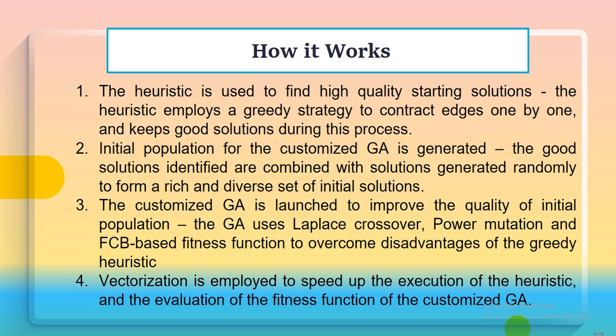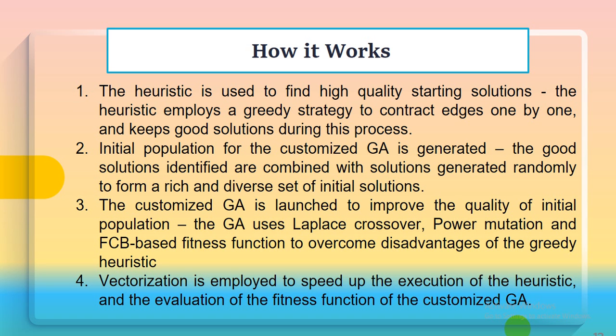Here is a step-by-step description of how this framework works. The heuristic is used to find high quality static solutions. The heuristic is employed to reduce stage contact edges one by one and keep the root solution during this process. The initial population for the customized genetic algorithm is generated. The good solutions identified are combined with solutions generated randomly to form a rich and diverse set of initial solutions.